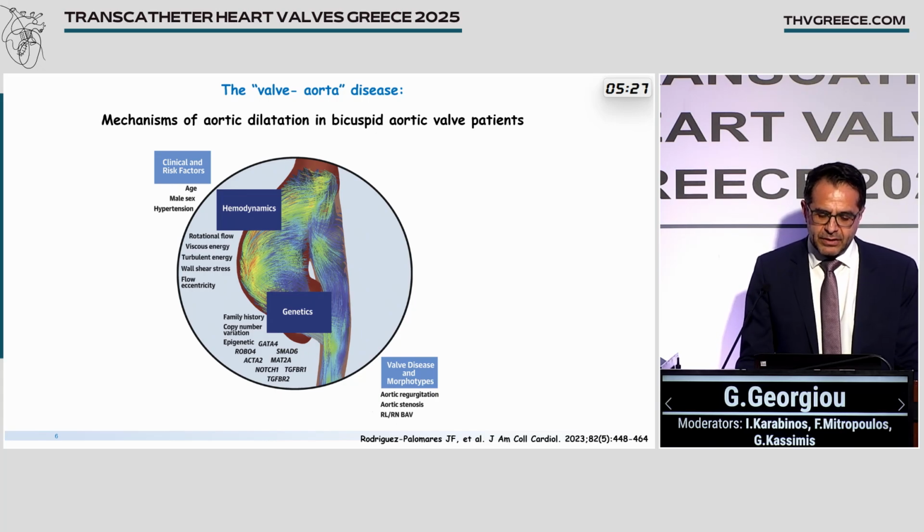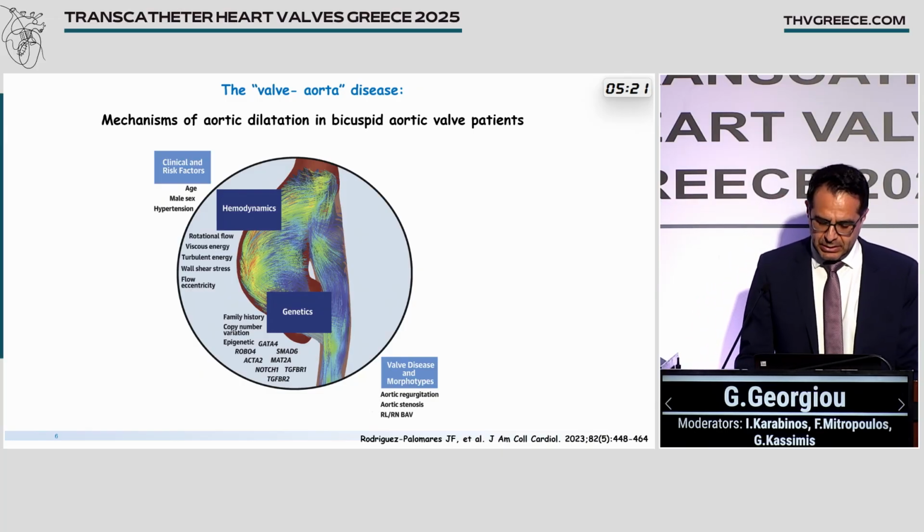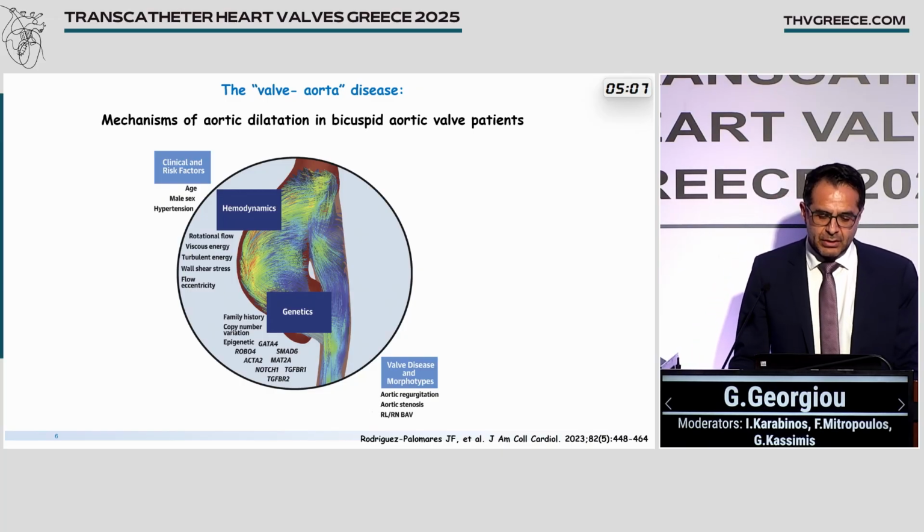Patients with aortic root enlargement have genes that are related with this inherited disease, with fibrillin deficiency and the changes or releases of metalloproteinases resulting in damage of the tunica media of the aorta. On the other hand, we have hemodynamic changes. We have turbulent flow and increased wall shear stress, which increases the dimensions of the proximal part of the ascending aorta.